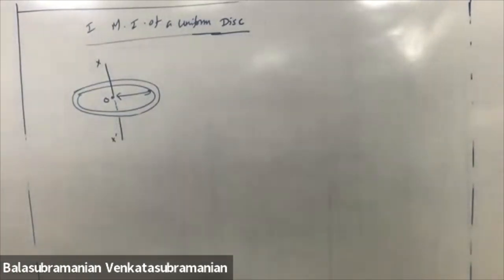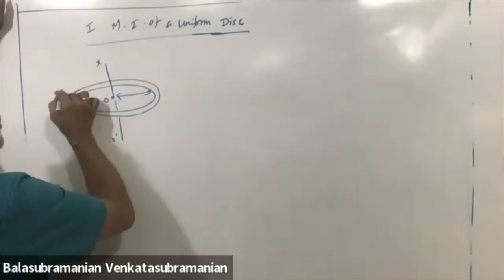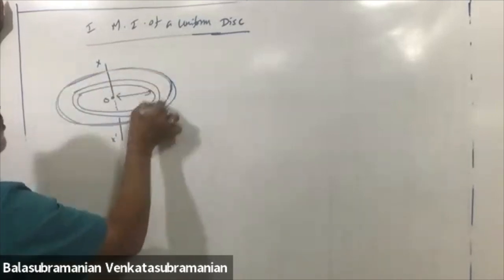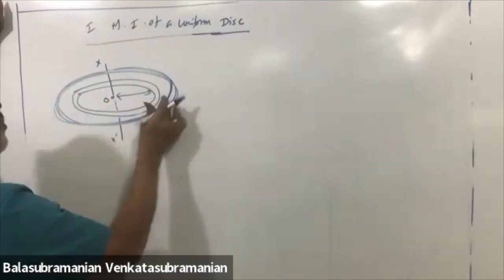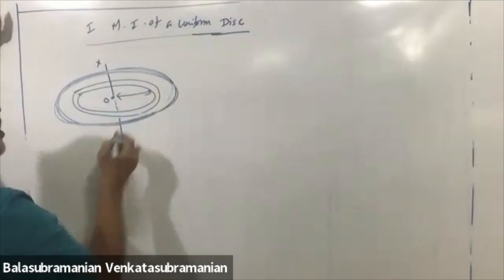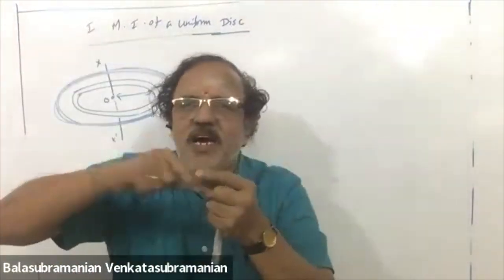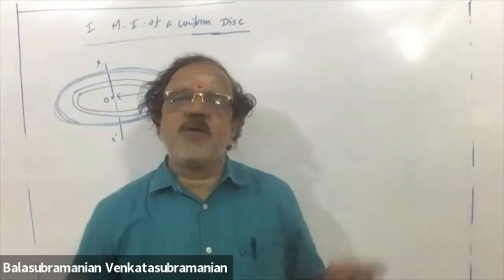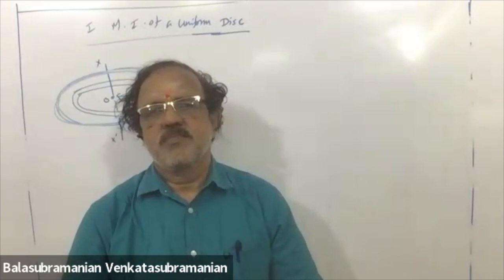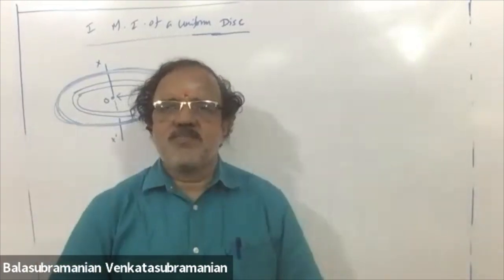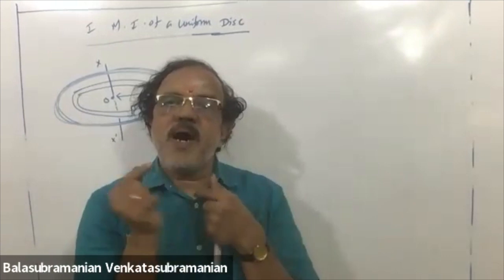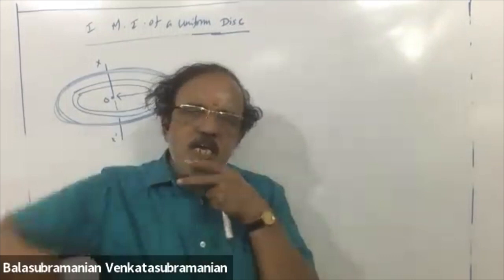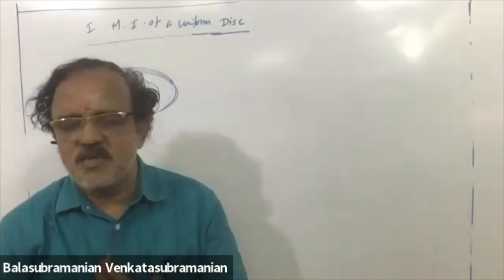Actually here, you are considering a full disc. One circular ring, another circular ring, another circular ring. So many circular rings together form a disc. That means it is full solid. Ring means it is a part of a disc. So many rings put together fully, you call it a circular disc.